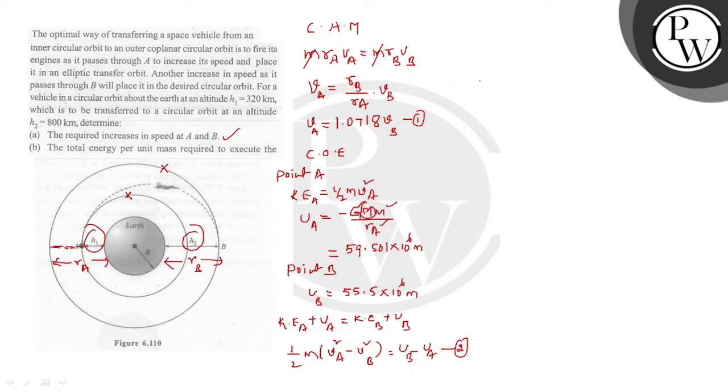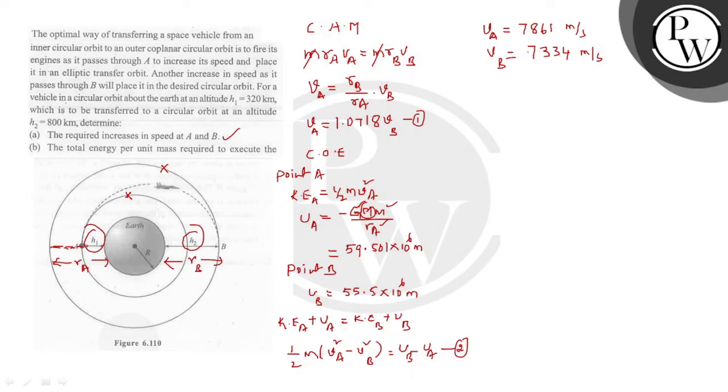If I substitute, I am going to get the velocity at A, VA, as 7861 meters per second, and VB is equal to 7334 meters per second. Now I need to find the change. Okay, so is this the change?